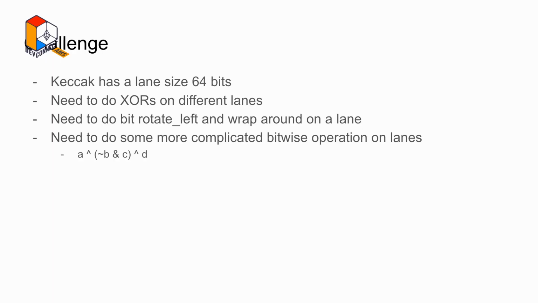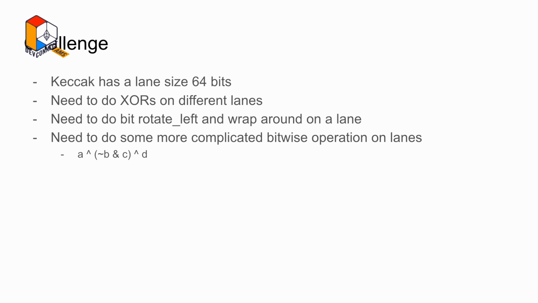So we use the base conversion trick to get a sense of the operations we need to do in the permutation. Remember that Keccak organizes the input into a state of 25 lanes, and each lane is 64 bits of data.